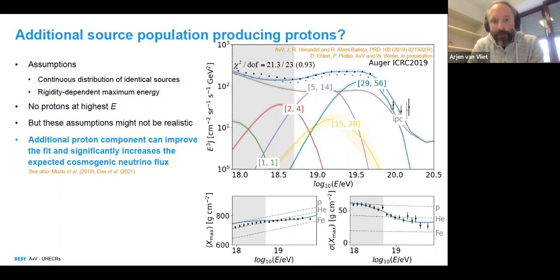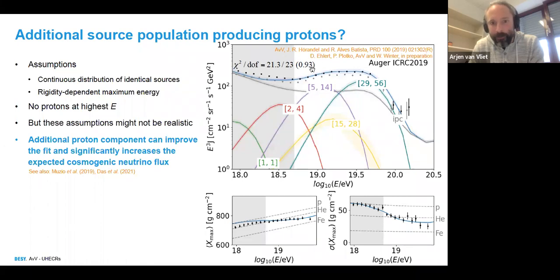So if you add such an additional source population to the fit, then what happens is something like this here for the fit. You get this gray line here, which is just a pure proton line. And you can still get a very good fit to the spectrum and the composition.